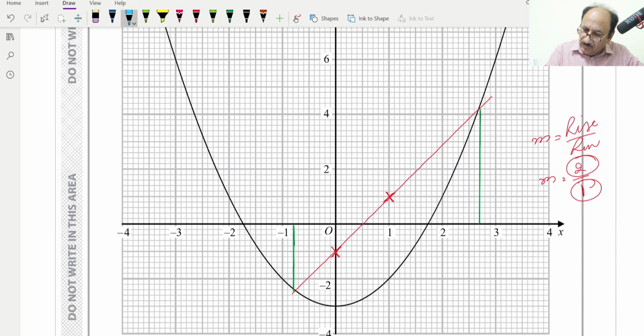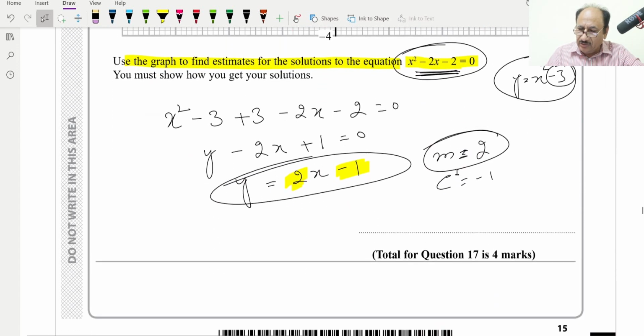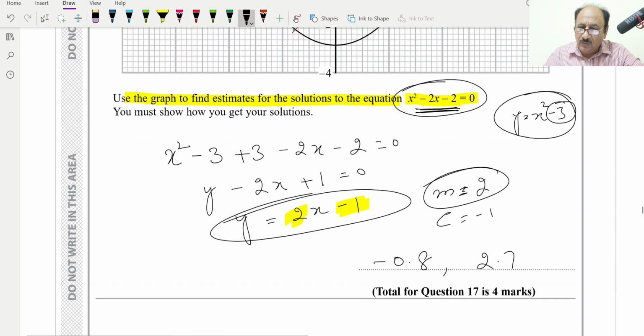These 2 values we will be giving for x values: minus 0.8 and 2.7. These are the 2 values.